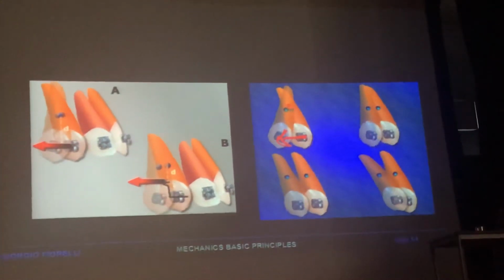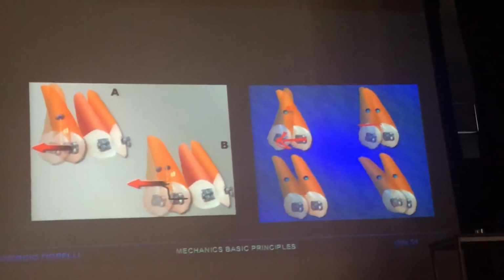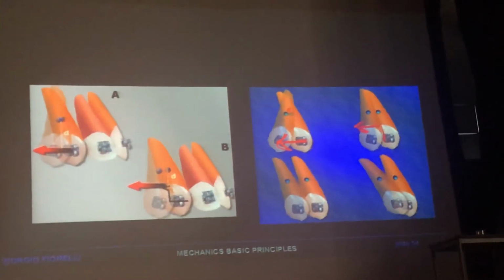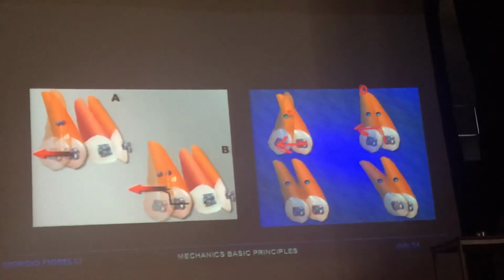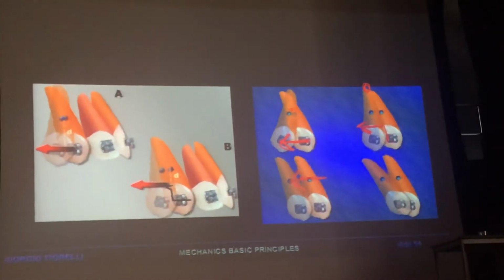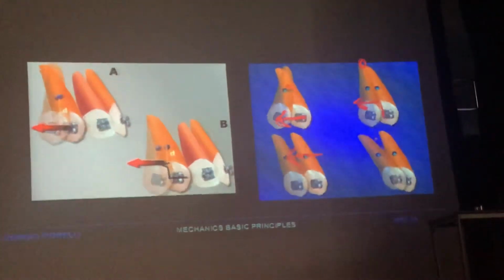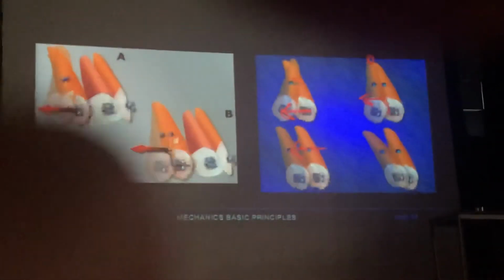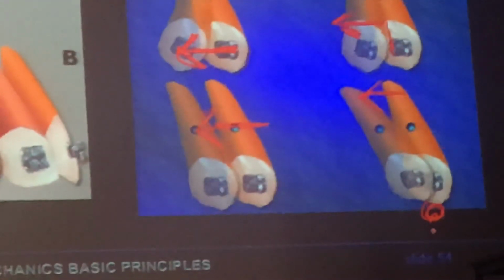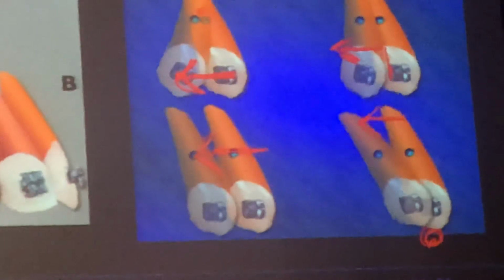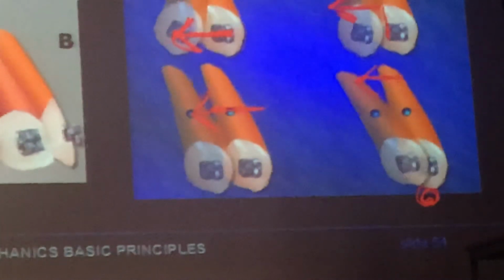Or controlled tipping, if you could apply the force at this level, and the center of rotation is in this area. Translation, when the force was applied here. And what was called root movement, with the force that was applied above the CR, where the center of rotation was more or less here. But these are just few examples that cannot cover the reality.